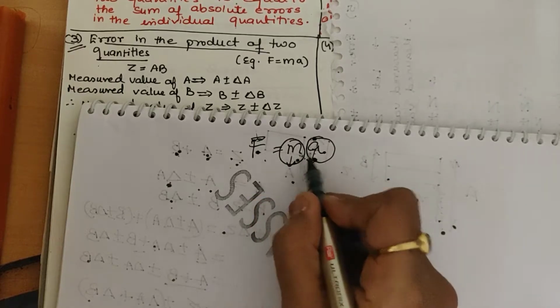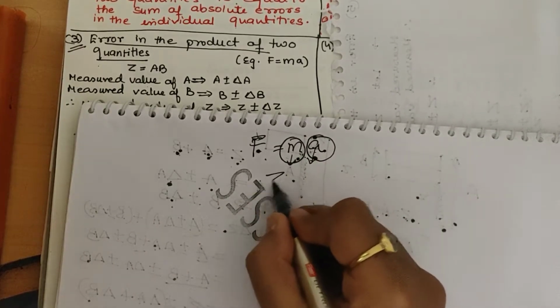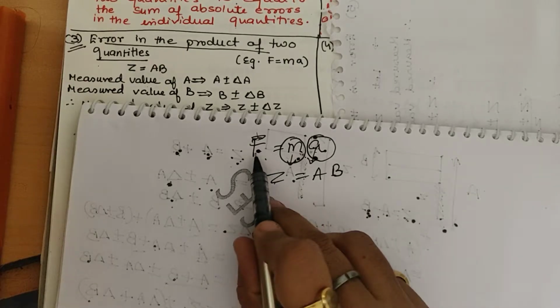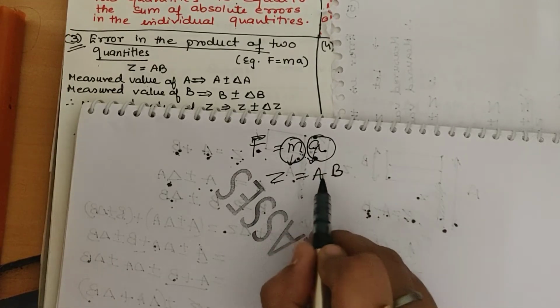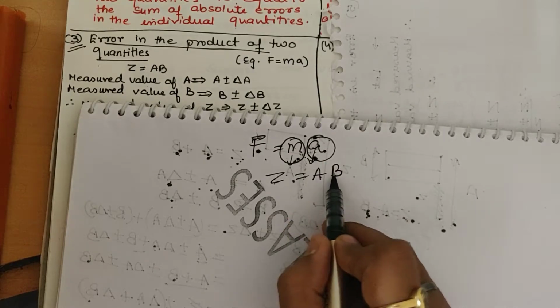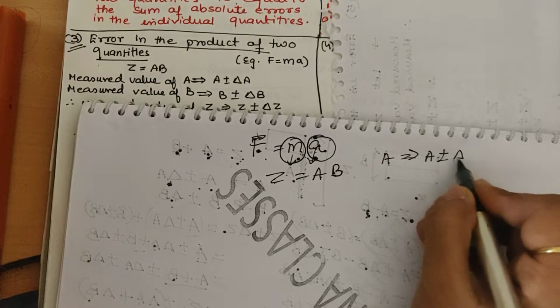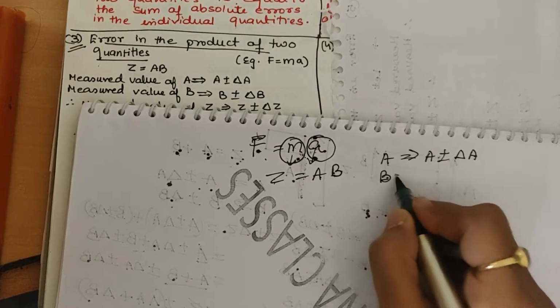When we deal with a physical quantity which is a product of two physical quantities in general, suppose I replace this F as Z, mass as A and acceleration as B. So what is the error in A? A is written as A plus or minus delta A. How do you write the error in B?